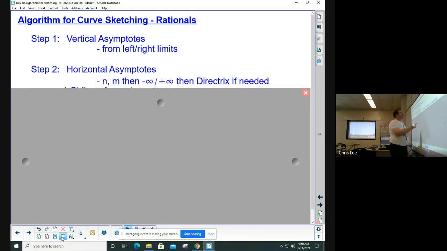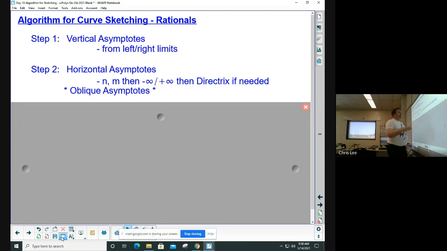Then you find the horizontal asymptotes, which are either at 0 or someplace other than 0. If it's at 0, you just take the limit at positive or negative infinity. When it's not at 0, you might need the directrix, like we did yesterday in asymptotes. We're not going to do any oblique asymptotes in this video, but they could pop up at this stage.